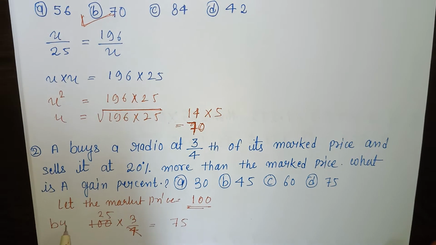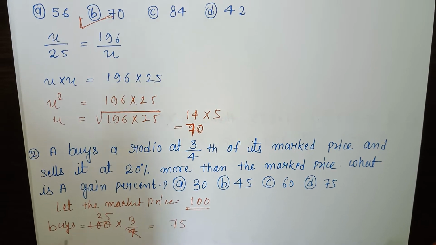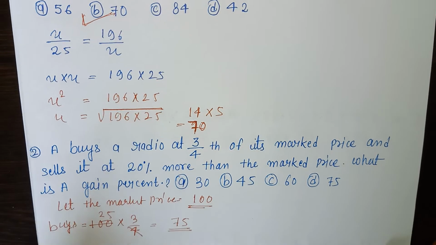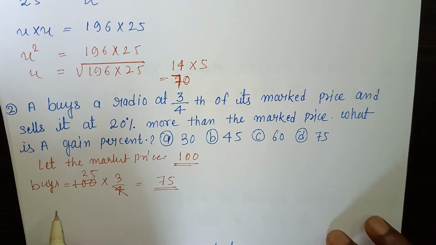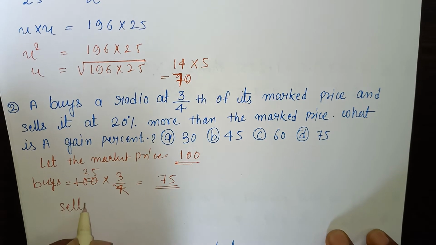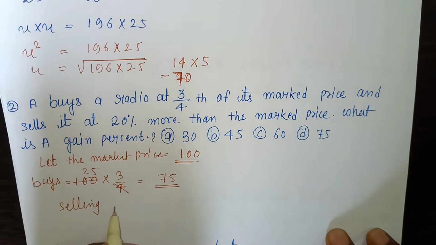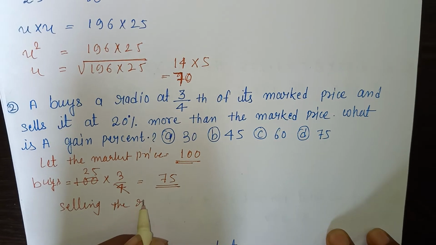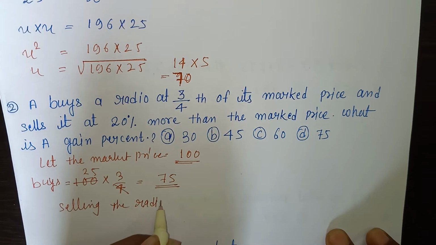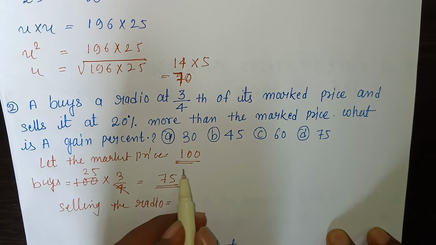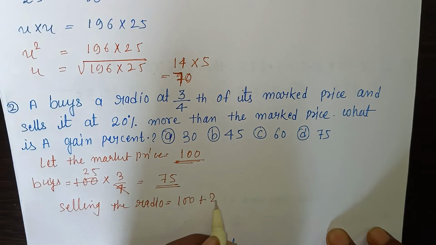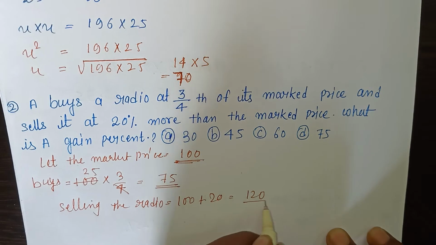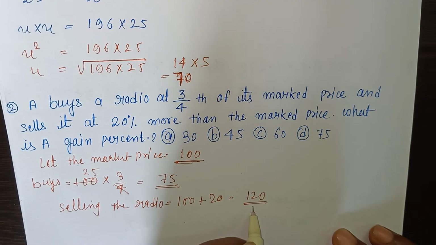Then buying price is 75 rupees. Now selling the radio: earlier it was 100, plus 20% more, so 120 rupees is its selling price.